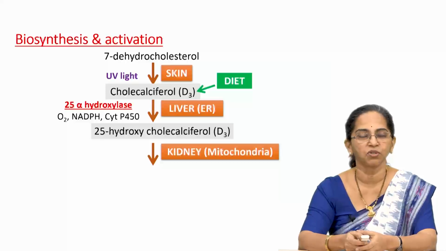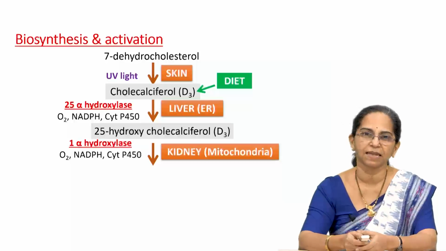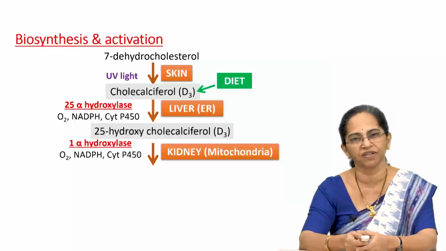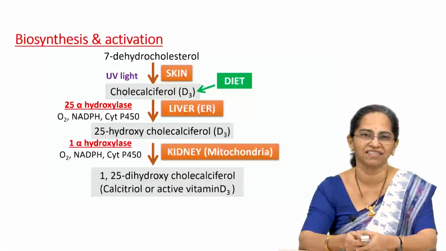Then comes the most important, the regulatory step of the activation process, and that's brought about by the enzyme 1-alpha hydroxylase. Both these enzymes, hydroxylases, definitely require cytochrome P450. And the final product or the active form of vitamin D is ready.